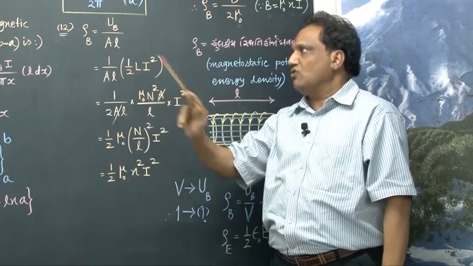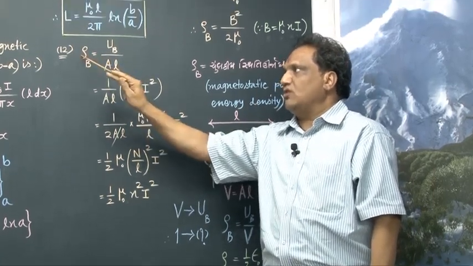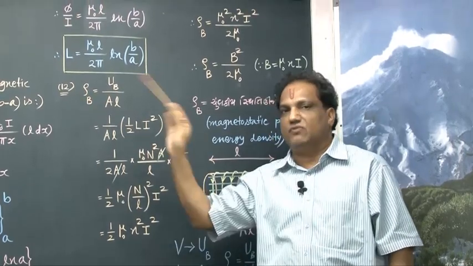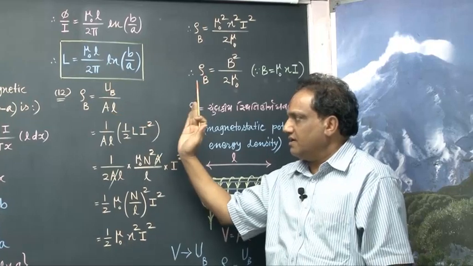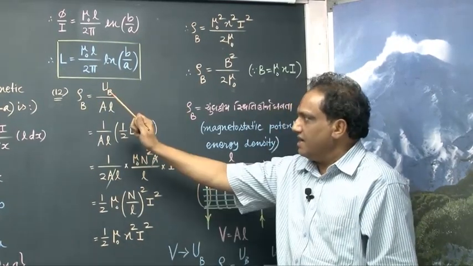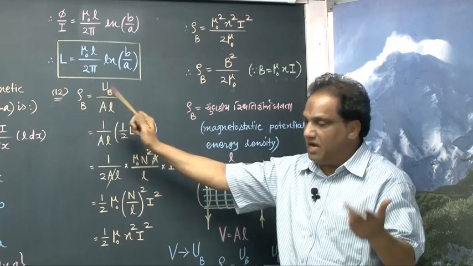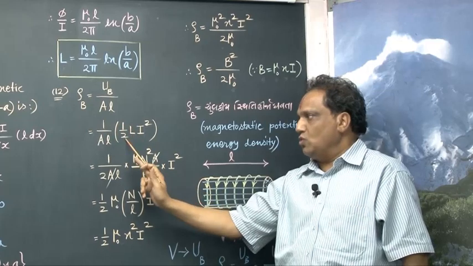In the textbook you will find that they have taken this much part as rho B, but why it is magnetostatic potential energy density, that is what I have explained to you. Now proceed further. Take 1 upon AL separately, and U_B by formula is 1 by 2 L i square, so 1 upon 2 AL.